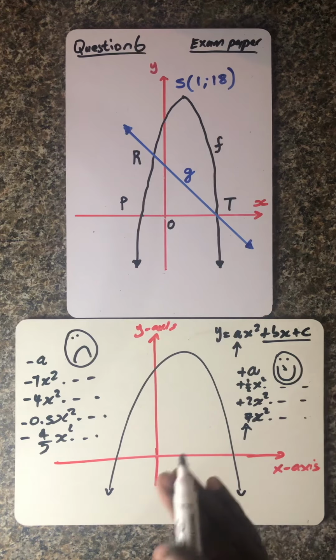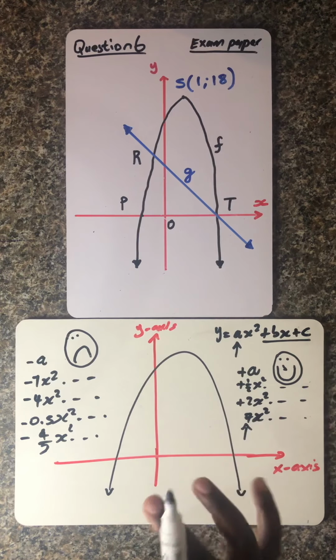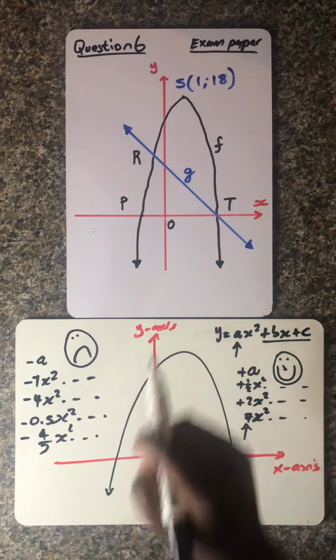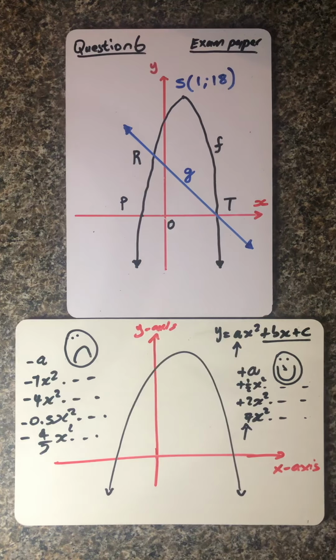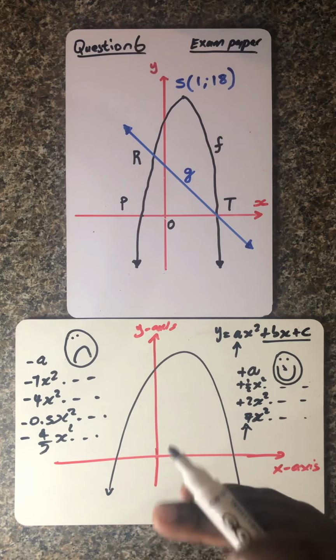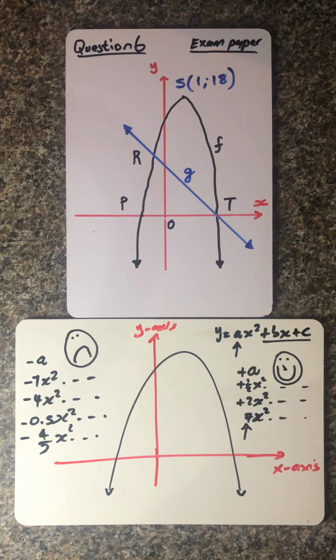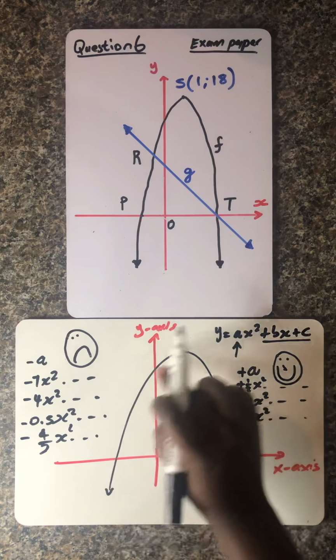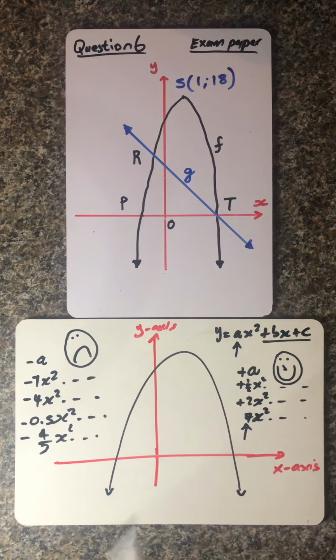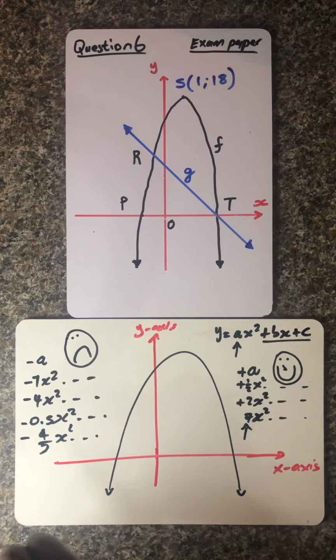So what does it mean when we use this information on that hand-drawn graph, ladies and gentlemen? Is our A negative or positive? Based on what I've just indicated to you, the A value for this function should be negative. Very much important, ladies and gentlemen.